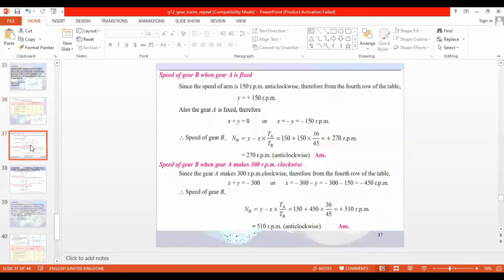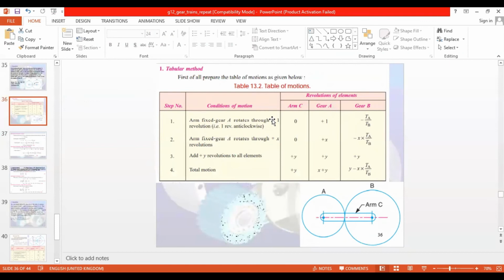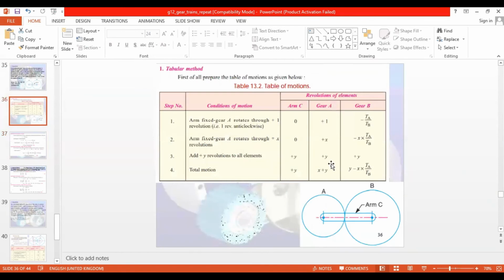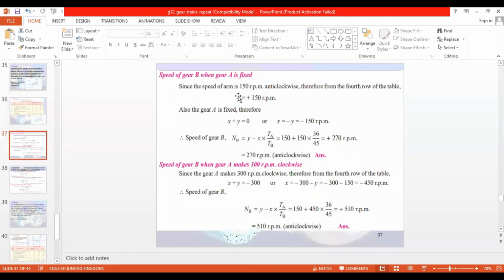We will substitute the numbers. Speed of gear B when A is fixed. Since the speed of arm is 150 rpm anti-clockwise, from the last row of the table, where X is making X revolution and Y is making Y revolution, the total motion for gear A is X plus Y. Here, Y is equal to plus 150 rpm.